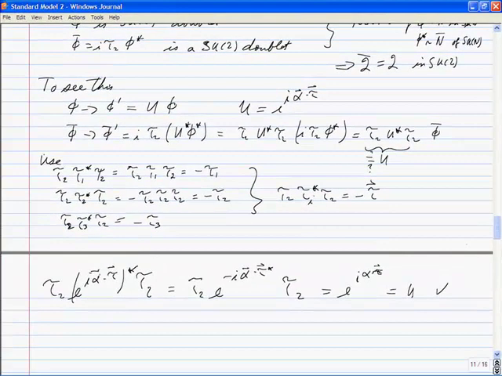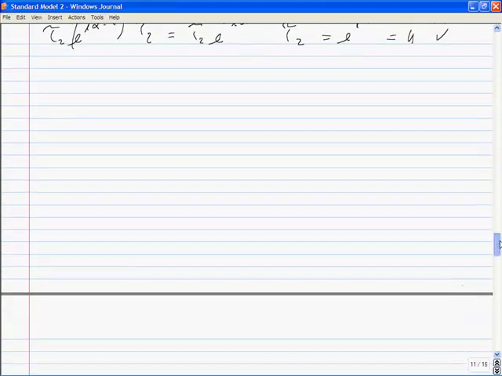So this would be plus lambda 8 in SU3. I don't know if you can do that in your head. Do you know the SU3 matrices well? All right, let me just show you.